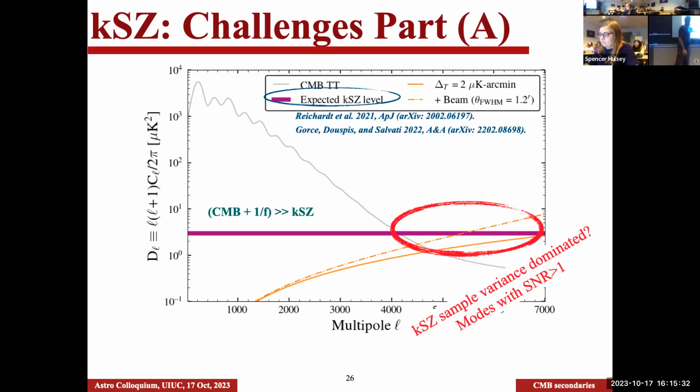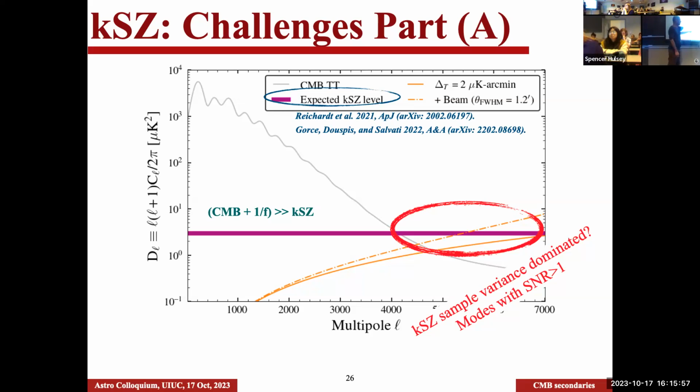And it has some lines for instrumental noise that we expect from future CMB surveys, not current surveys. When we are looking at very large scales, to the left, we cannot really measure this because the primary CMB is fully killing us. It's basically 3 orders of magnitude higher. Even though we know it, we'll be sensitive to the sample variance of that, so there is no way we can measure this.